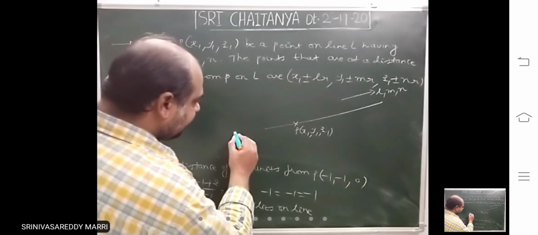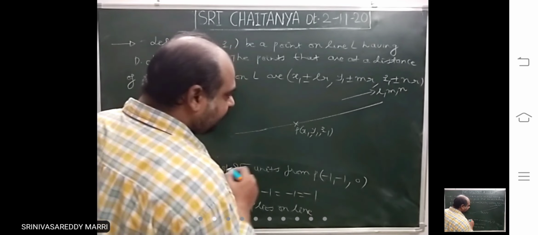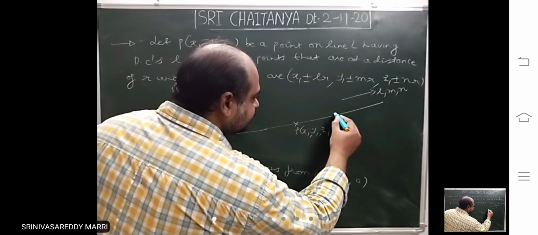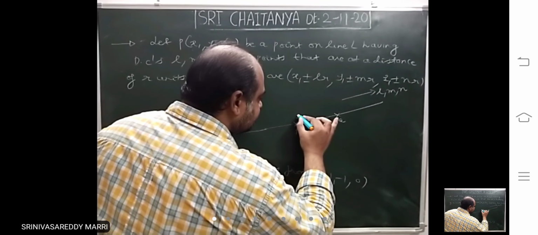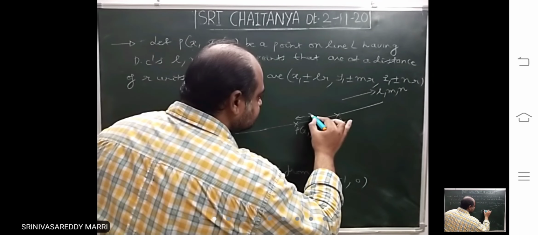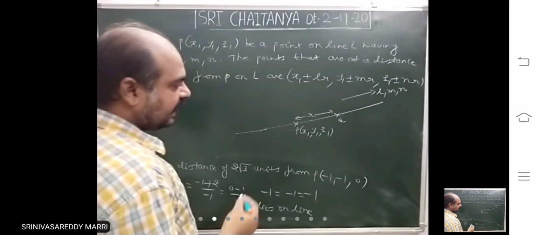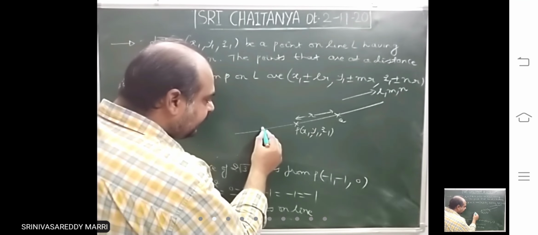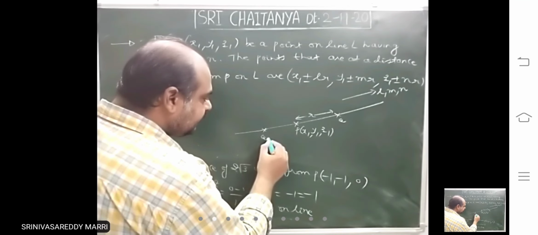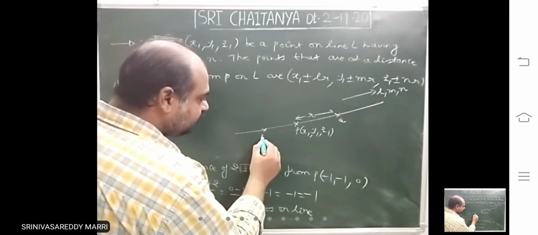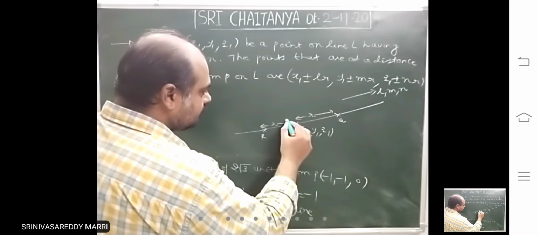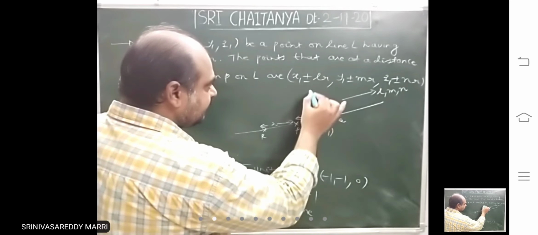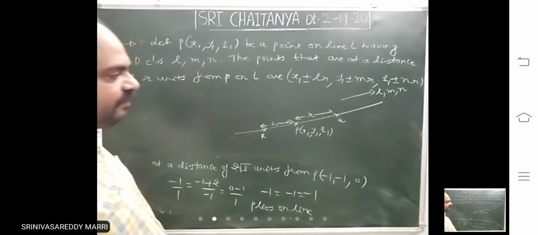Suppose you have to calculate the points at a distance of r units. One point will be on this side and one on this side, so two points will be there. Those points can be calculated using this formula.